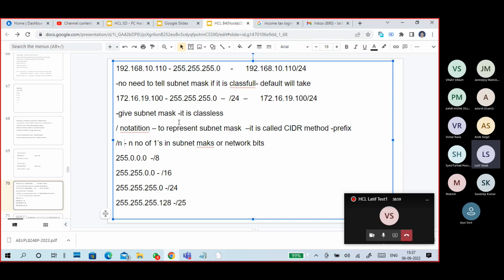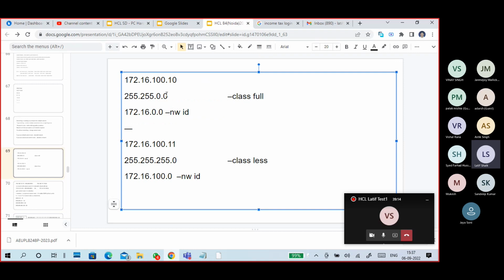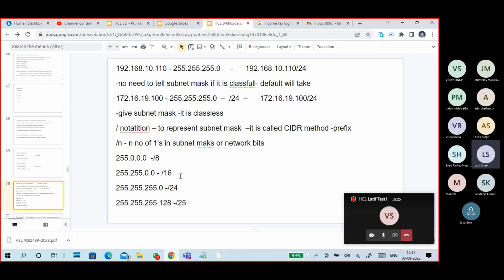This slash 24 represents 24 ones. For example, /8 represents 255.0.0.0, as in a class A IP address. This is the class B default subnet mask, so 8 plus 8 is 16.